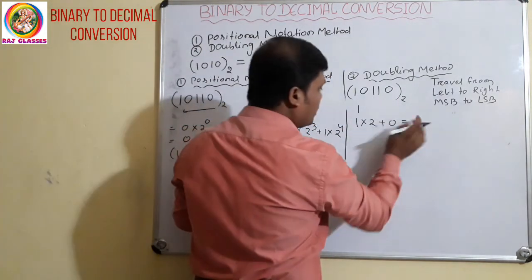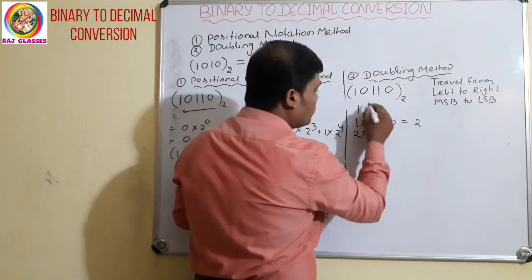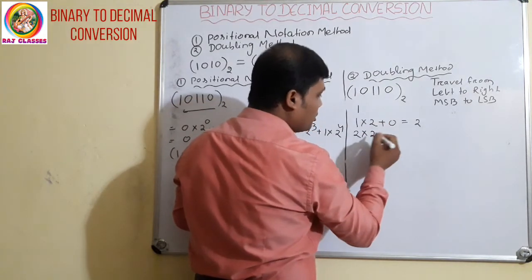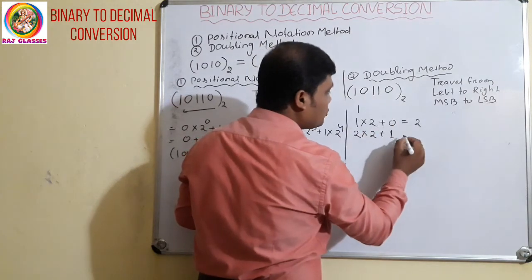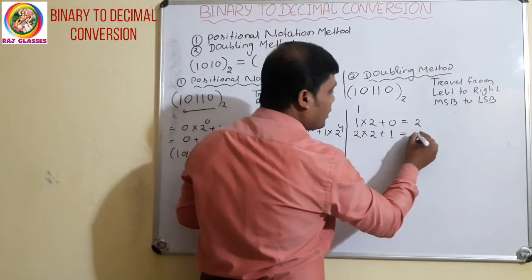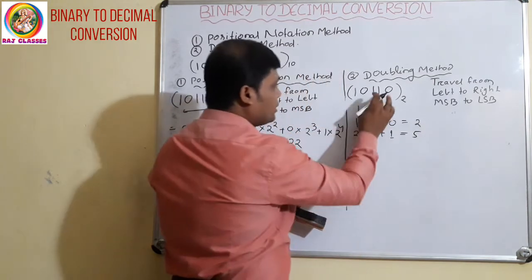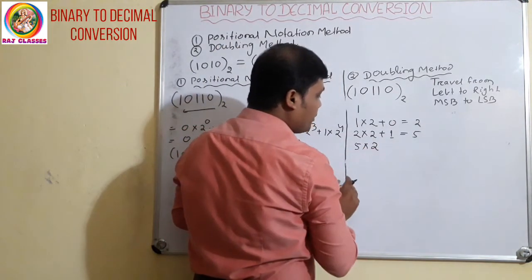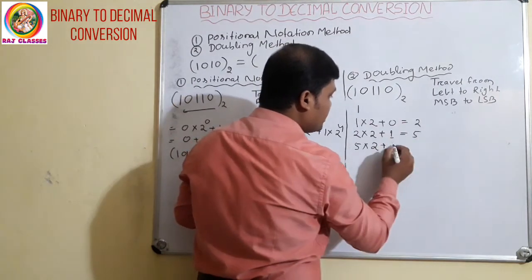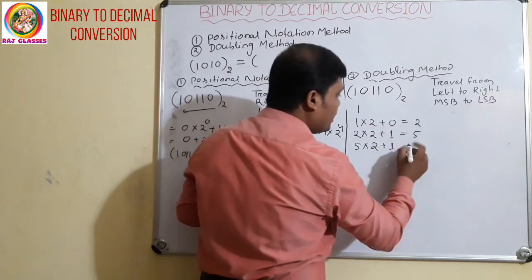Clear? Then we got 2, double it, multiply by 2, and again add the next digit. This will be 1, this will be 5. Then 5, multiply by 2, plus the next digit 1, this is 11.